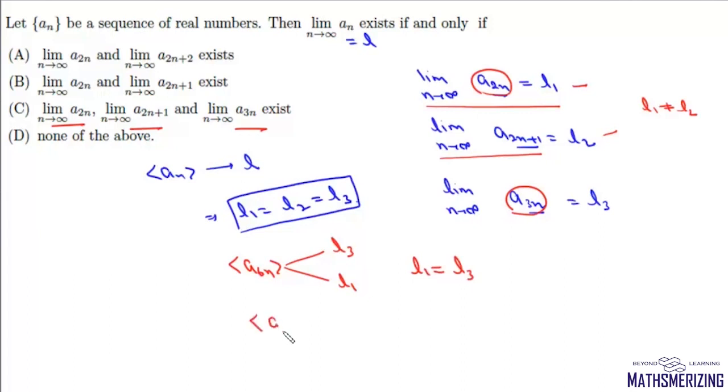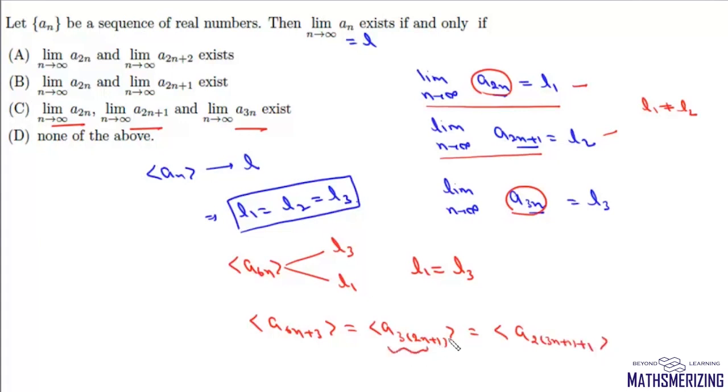Now we consider a6n plus 3. Then a6n plus 3 is a3 into 2n plus 1, and we can also write this as a2 into 3n plus 1 plus 1.